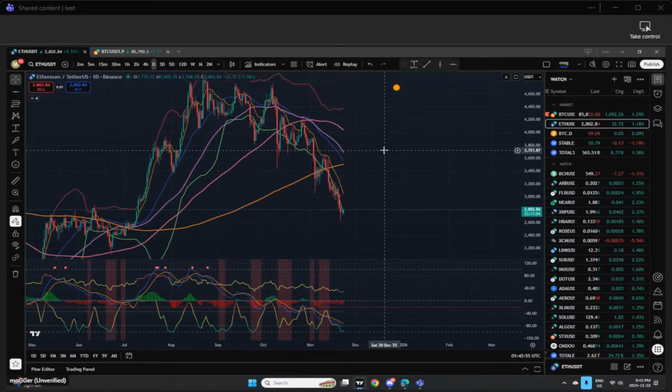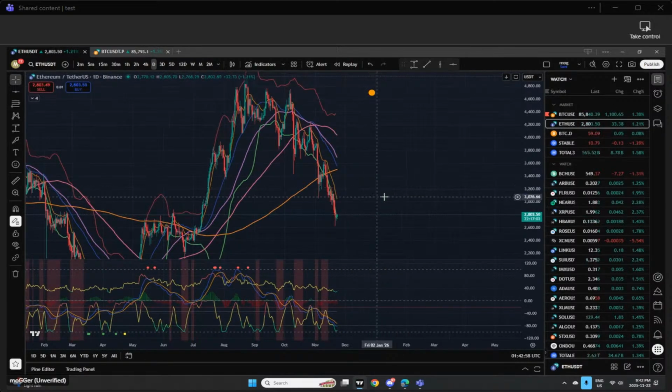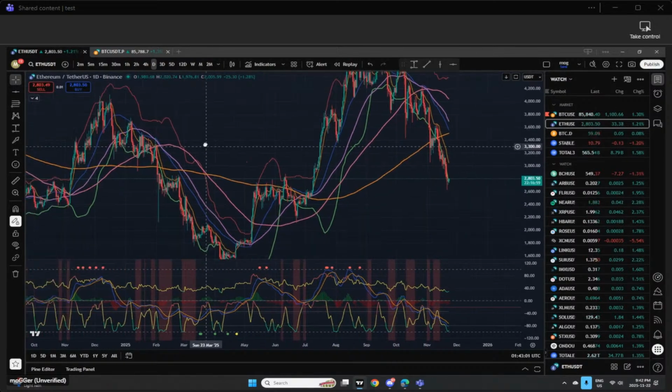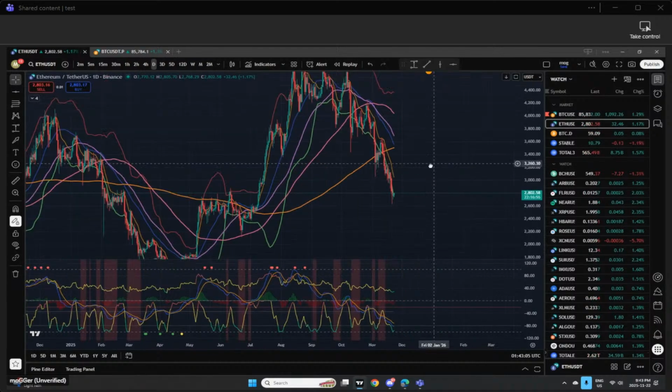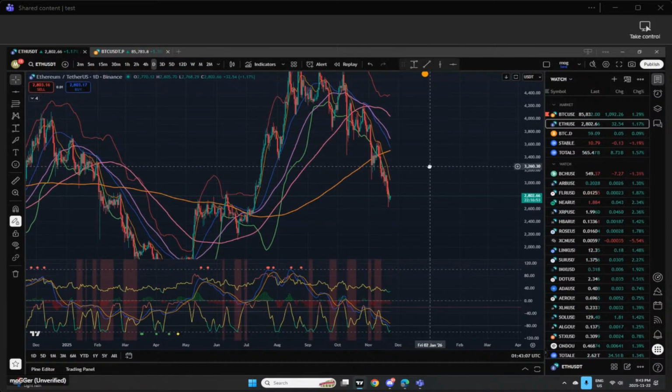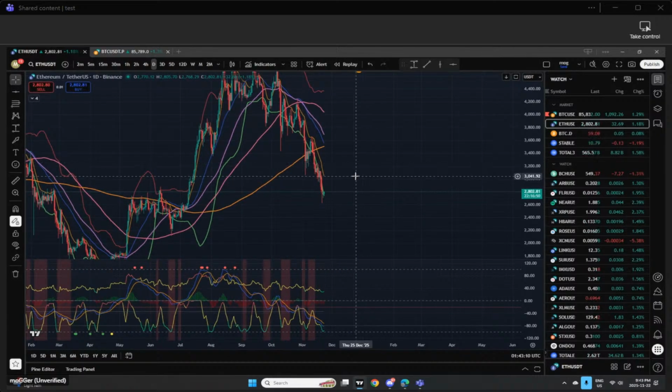Most times the death cross already marked the bottom in some cases. You know what I mean? But in other cases it didn't. There was still more to be lost, right?